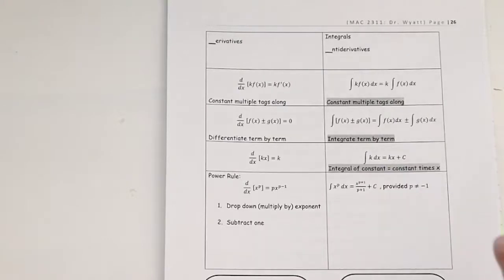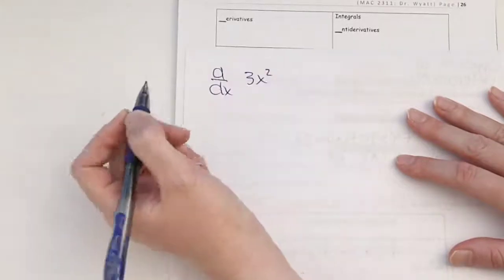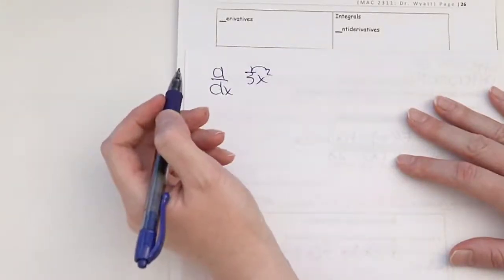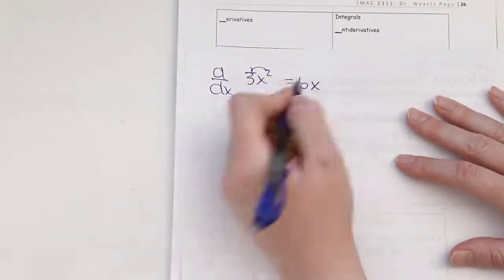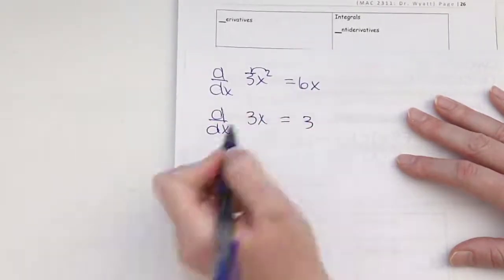Okay, now before we do anything, I want us to talk about one key thing. So just watch this. Do not worry about frantically writing it down. If you are differentiating 3x squared, we all remember we drop down the 2 and we say that's 6x. If you are differentiating 3x, then that goes to 3.